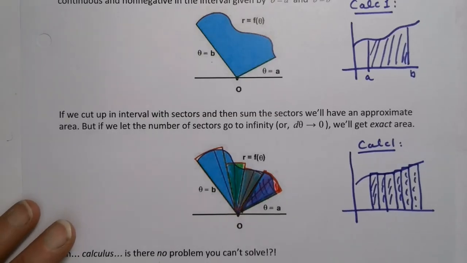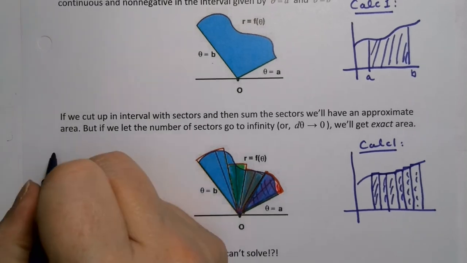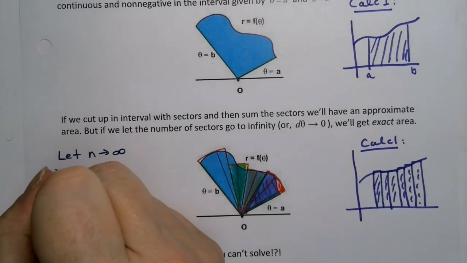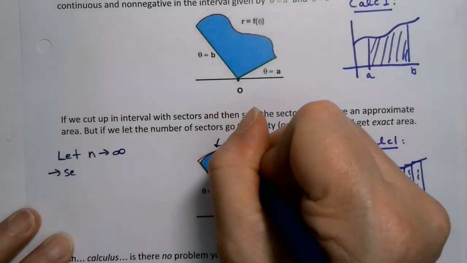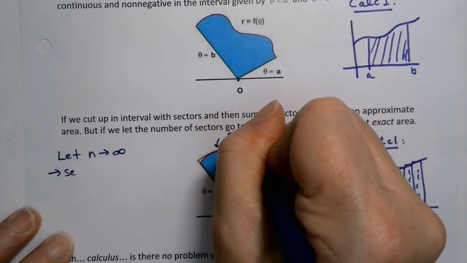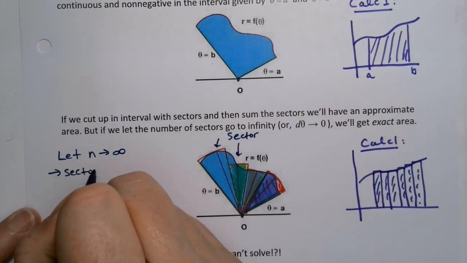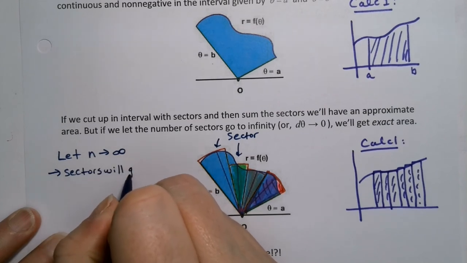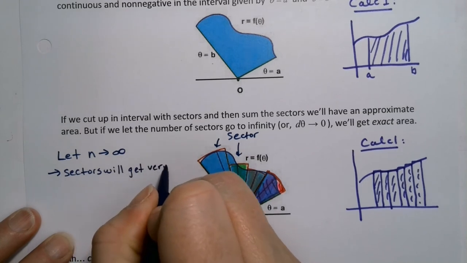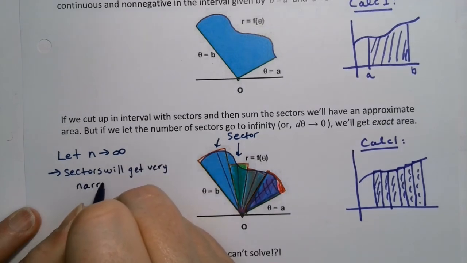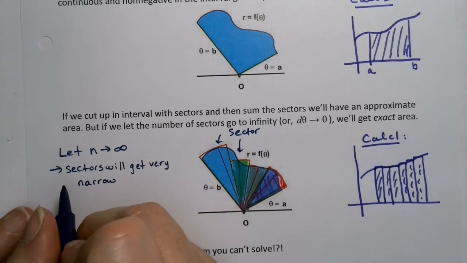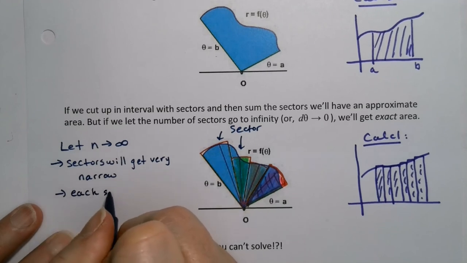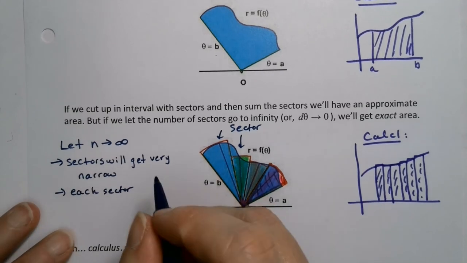So if we let n go to infinity, then the sectors, because each of these is a sector, will get very narrow, and each sector has a smaller and smaller angle.